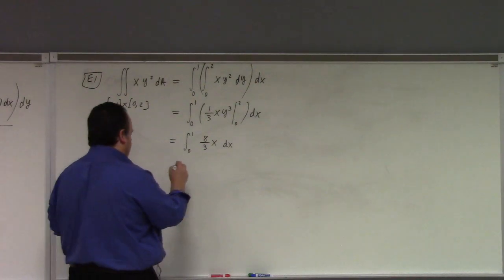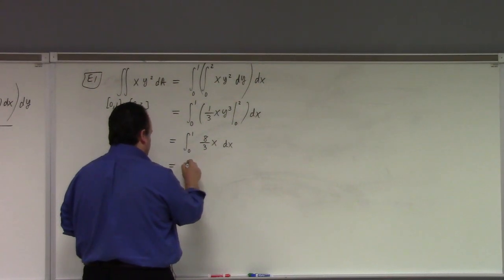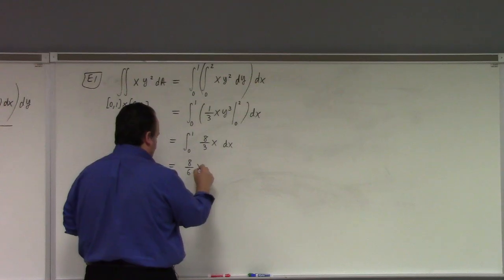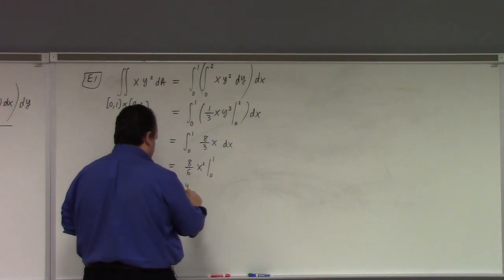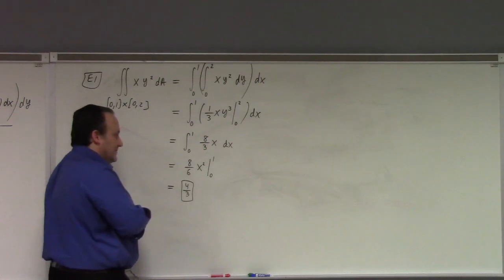All right, so we can do that. This is 8/6 x squared, evaluated from 0 to 1. Answer, 4/3. Yay.